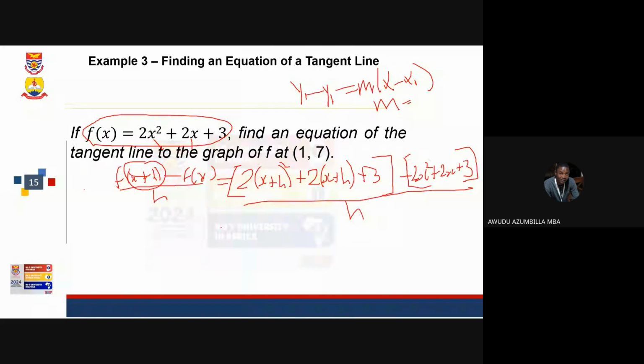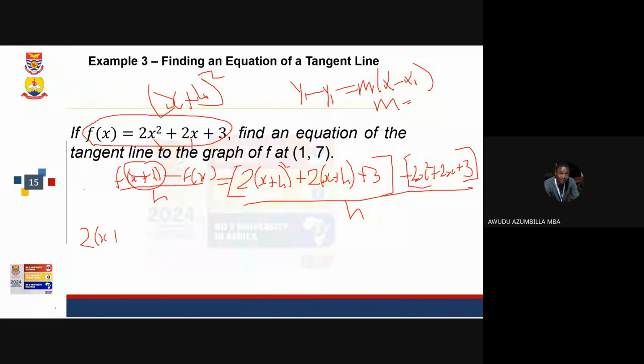If we have this one, we can now simplify them. Remember, we have x plus h all squared. I expanded this one in our earlier expansion, so I will not do it again.